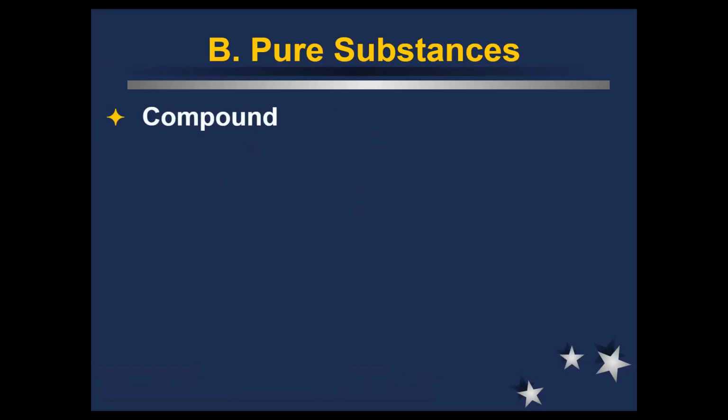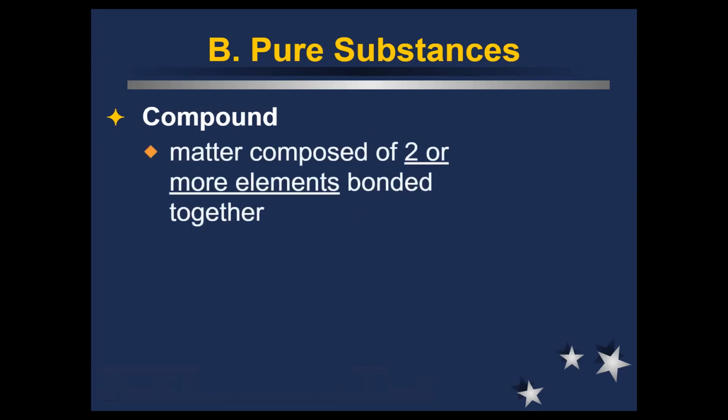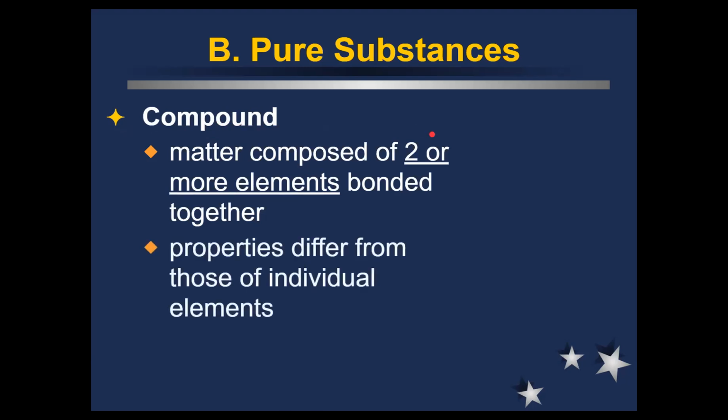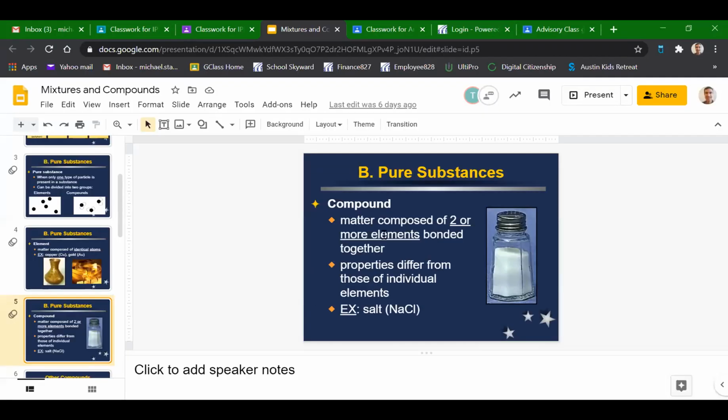Compounds, on the other hand, are a little bit more complicated than our elements. Compounds are when we have two or more elements bonded together. Those chemical bonds that we were talking about on Monday, those were making compounds. And actually, I'm going to go in and change one thing here.